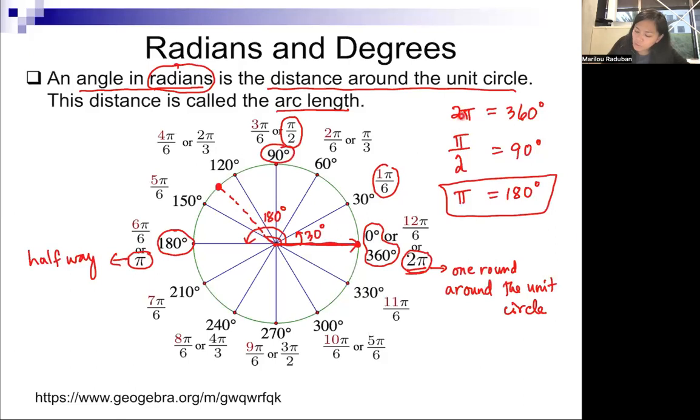Of course, you can also use this relationship, 2 pi is equal to 360 degrees. You can also use that as a conversion factor, or pi over 2 is equal to 90 degrees. Yeah, pi equals 180 degrees is just more straightforward because you don't have this factor of 2 that's being multiplied or divided by pi.